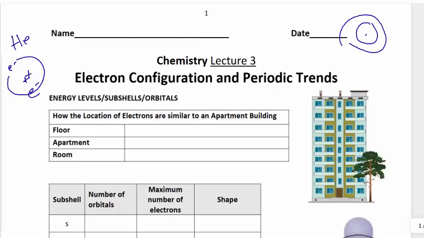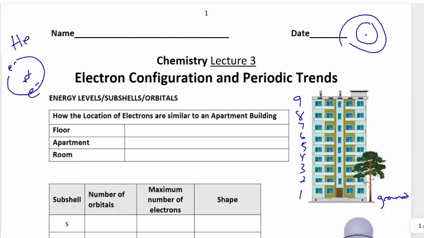If we think about the apartment building as having floors, so there's floor 1, 2, 3, 4, 5, 6, 7, 8, 9, and this is the ground. If you live on the first floor, you live close to the ground, but as you move further away from the ground, you might take an elevator and go up to a higher floor, and there's room for more people.